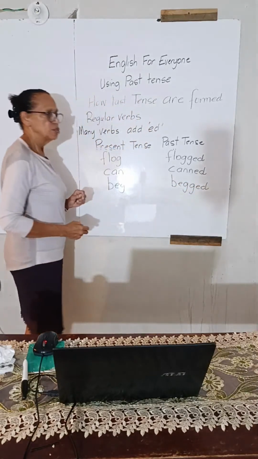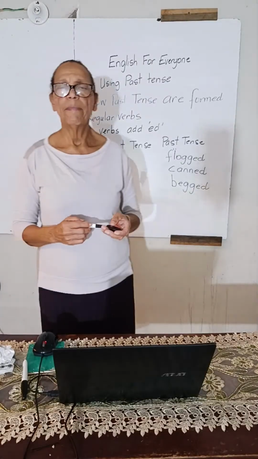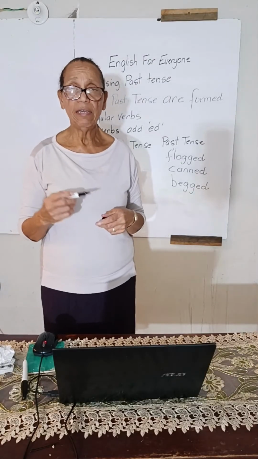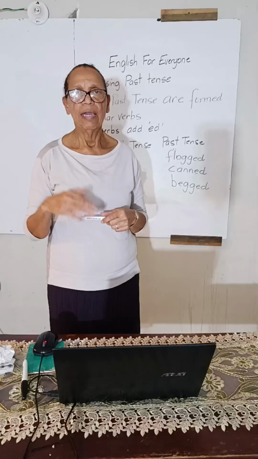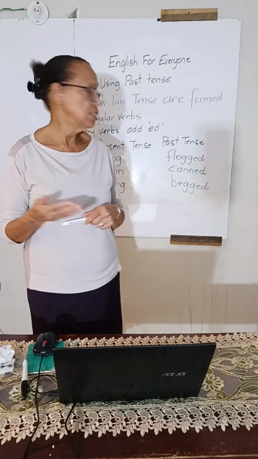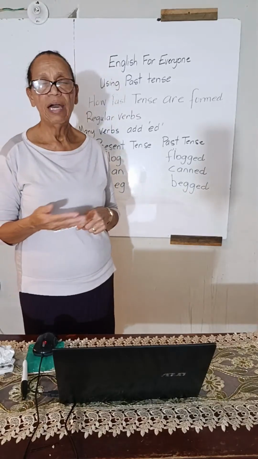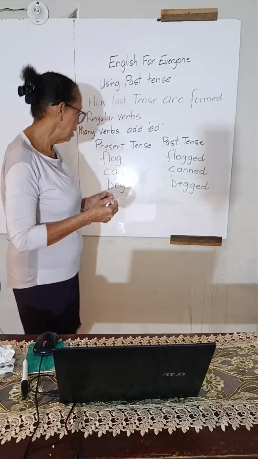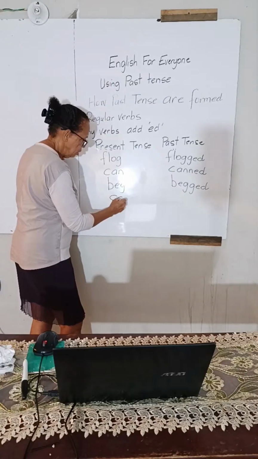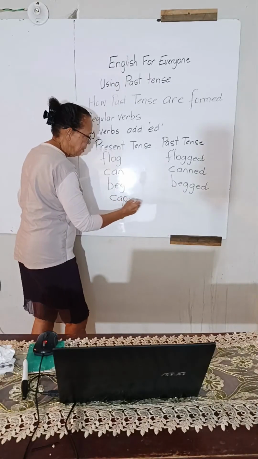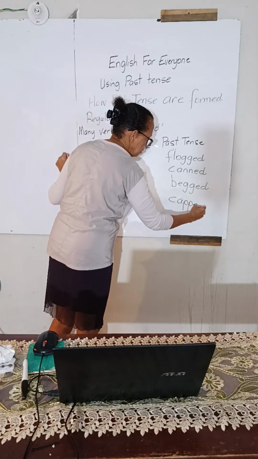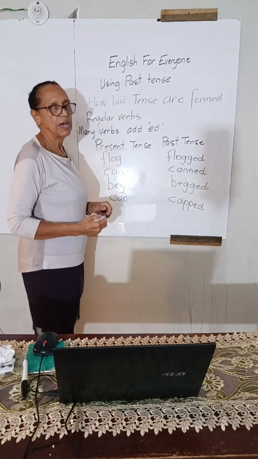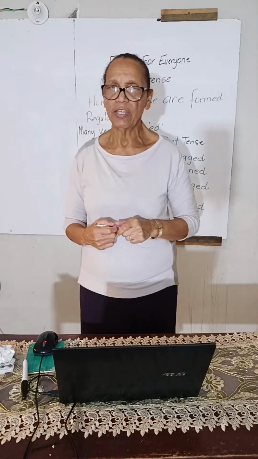So some of these words, before you add the ed, you have to double the last letter. Canned, flogged, begged, and also capped. Short vowel words, cap, capped. To these words, you add ed.